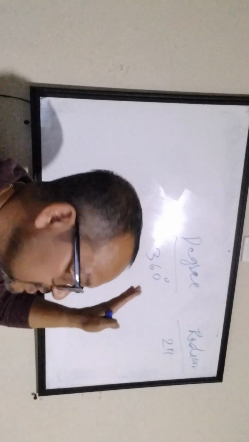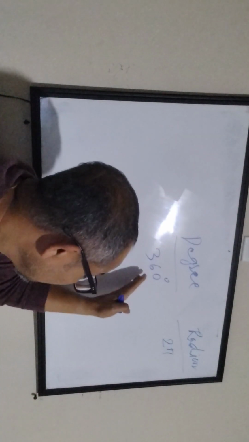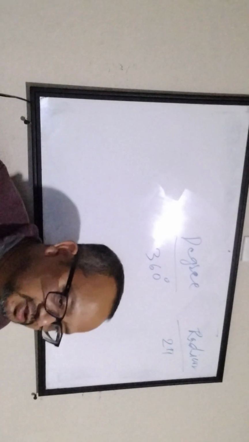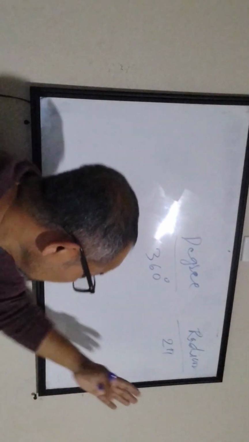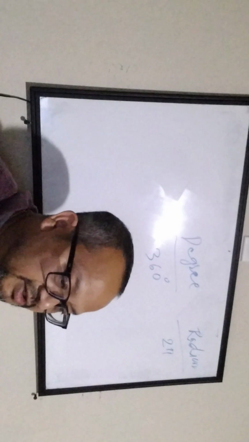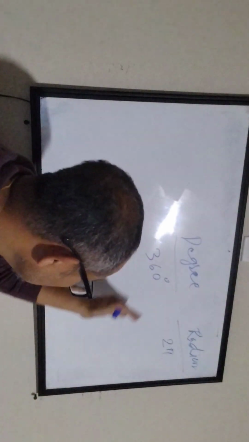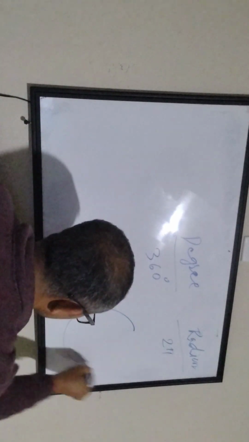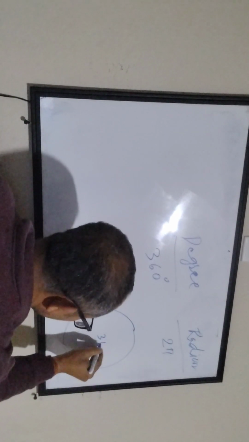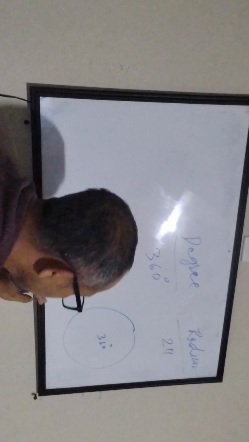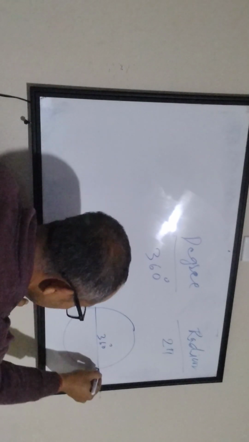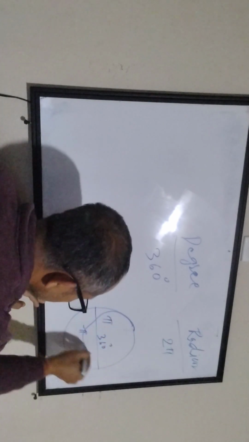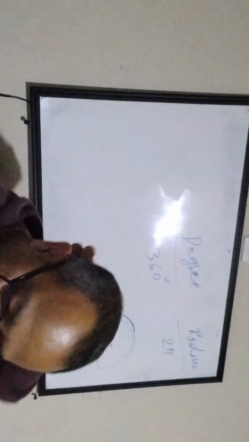So you can always represent degree or radian depending on the premise of the question you have been asked to solve, or how you have to interpret that as part of the question. But there's no rocket science here. One circle, one revolution, makes 360 degrees, and if you want to represent that in pi, you say 1 pi here, 1 pi here, so basically 2 pi. 360 degrees equals 2 pi.